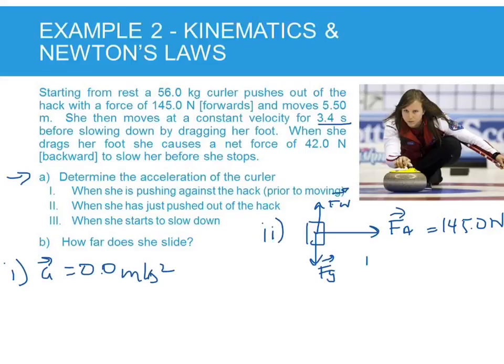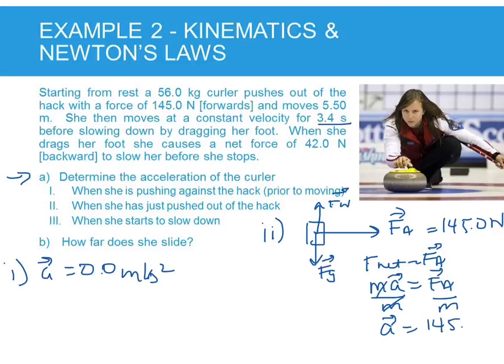So our F net is equal to Fa, and F net we can always replace with ma equals Fa. To figure out our acceleration, we're going to divide both sides by m. So acceleration is equal to 145 newtons divided by the mass, 56 kilograms.